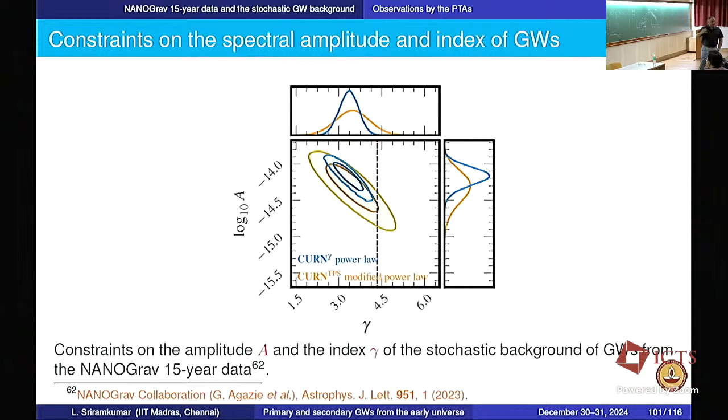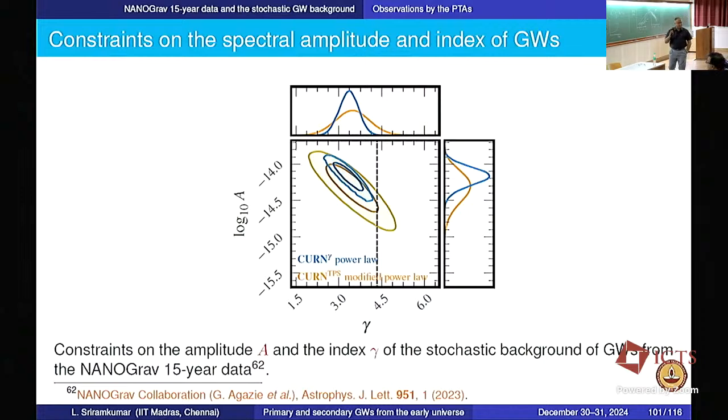I talked about how LIGO has observed gravitational waves from merging binary black holes. But supermassive black holes will be emitting gravitational waves in the domain of frequencies that the PTA are sensitive to, which are around the nanohertz region. And this is what the index should be from these models.